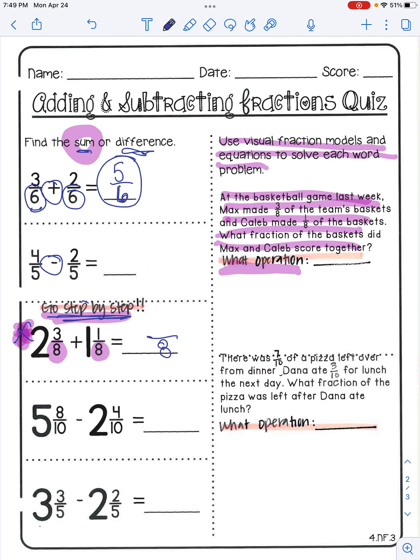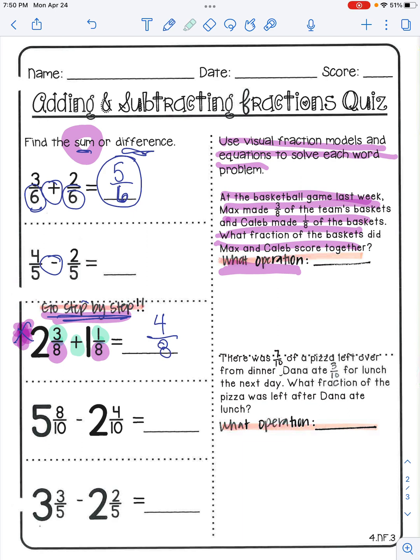Then I'm going to move to the next part. Next I'm going to notice that the numerators are different. Well, this is plus, so all I need to do is add them. What is 3 plus 1? That is 4, if you said 4. So I'm going to put the 4 on top.